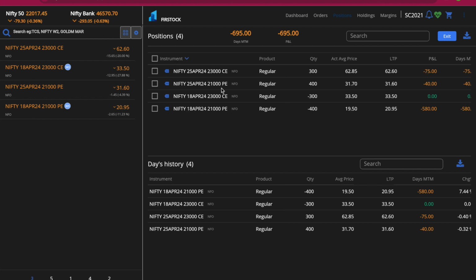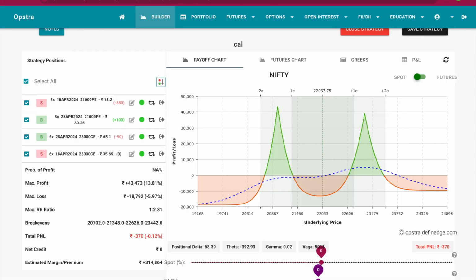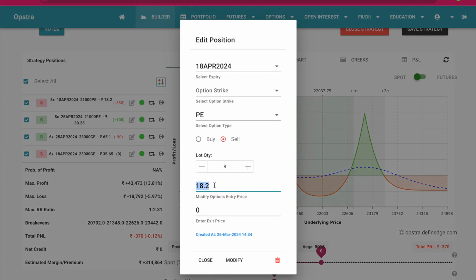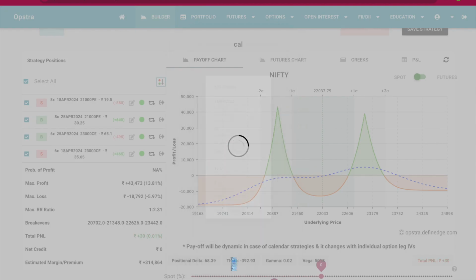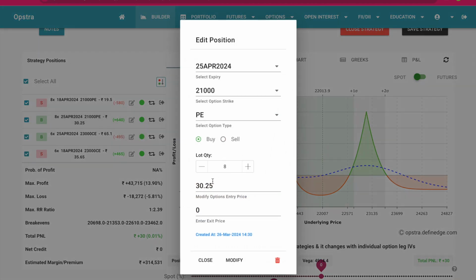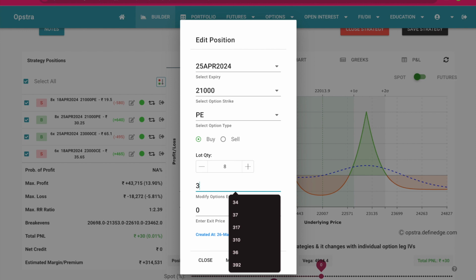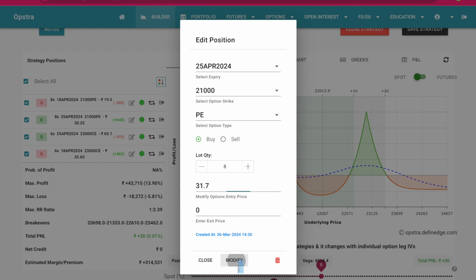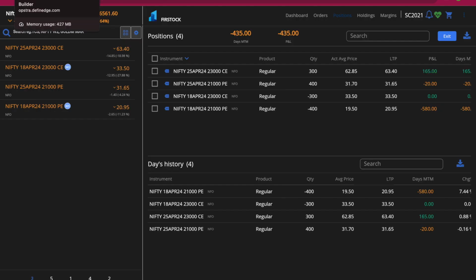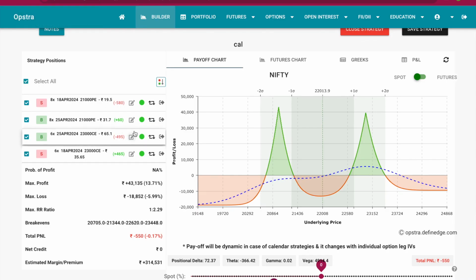Okay, 21,000 PE, 31.7 and 19.5. So it's 19.5 modifier, and this is 31.7 modifier, 62.85, 33.5.